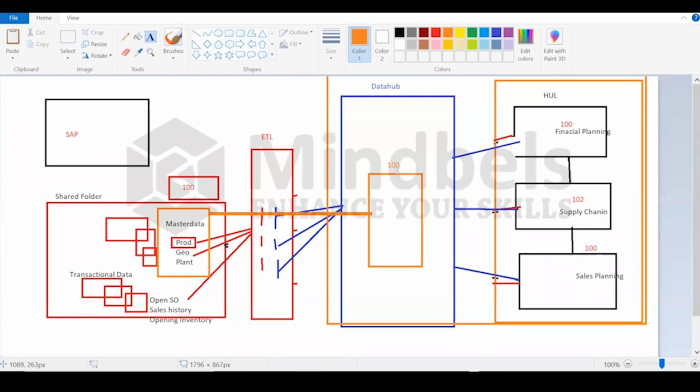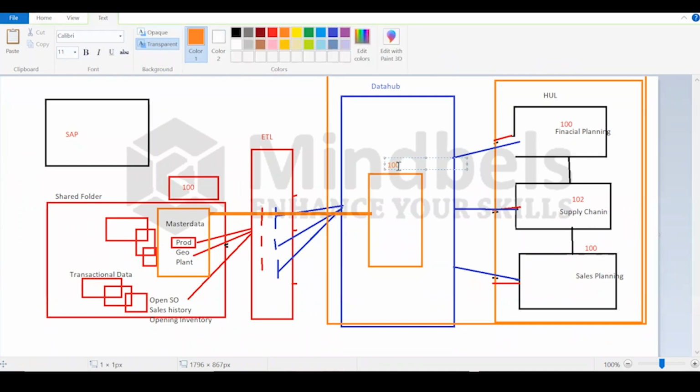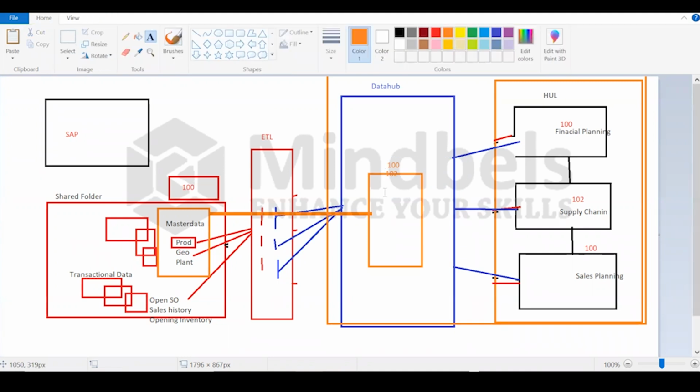Now imagine that instead of 100 products here, you are getting 102. To whom do you need to approach? SAP. In this particular scenario, there is no need to approach any SAP ecosystem people.